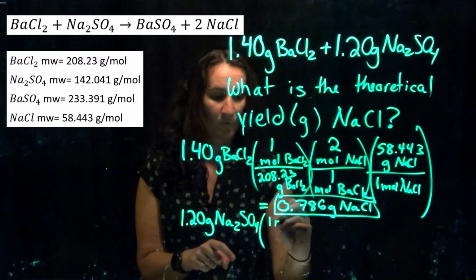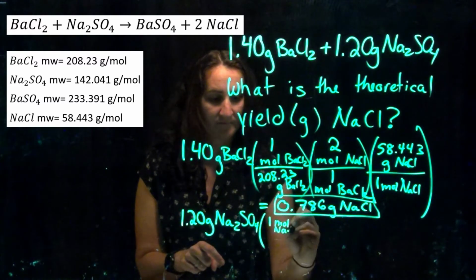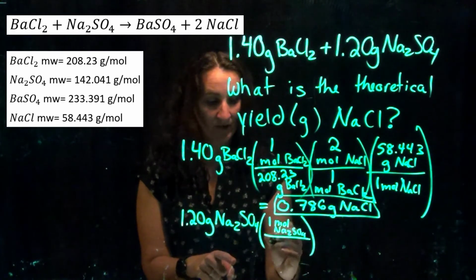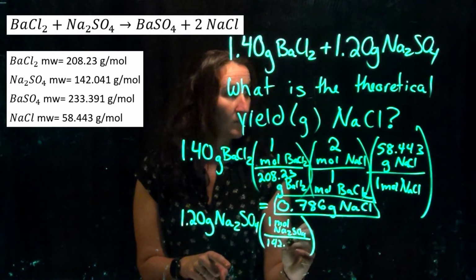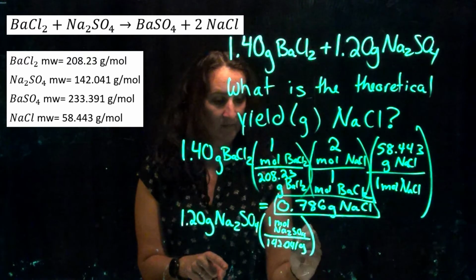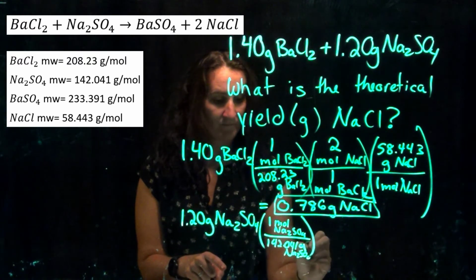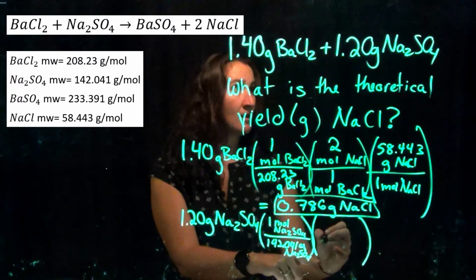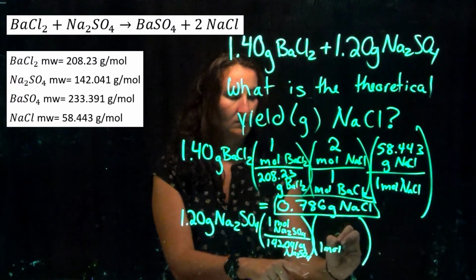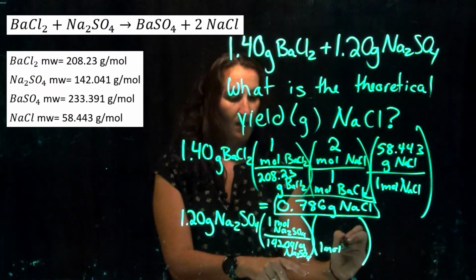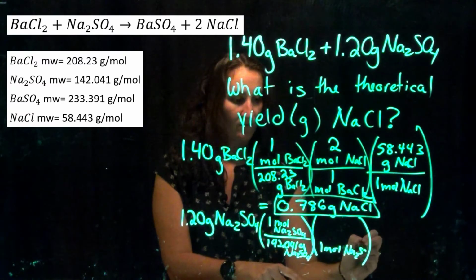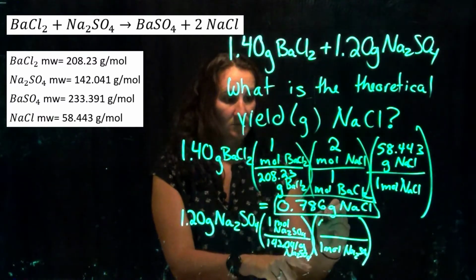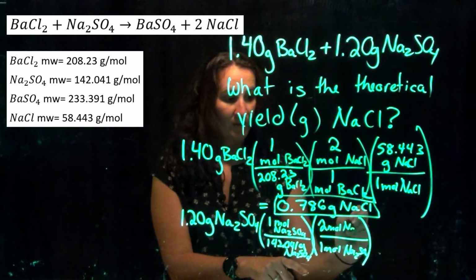So 1 mole of sodium sulfate has a mass of 142.041 grams of sodium sulfate, times my molar conversion, so 1 mole of sodium sulfate to sodium chloride, 2 moles of sodium chloride.